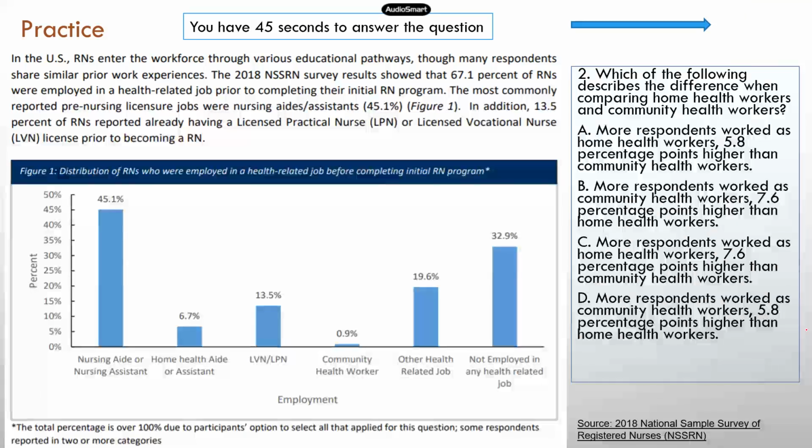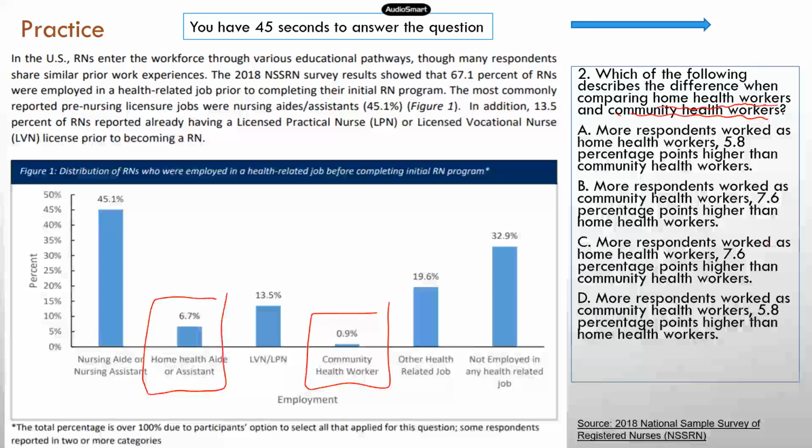Number 2, which of the following describes the difference when comparing home health workers and community health workers? So you need to find the numbers for those two categories on the graph. So they're over here, as we determined from the last question. So you need to do a little bit of math, just basic math. Let's see. So this is about comparing the difference in the percentage points for those two groups.